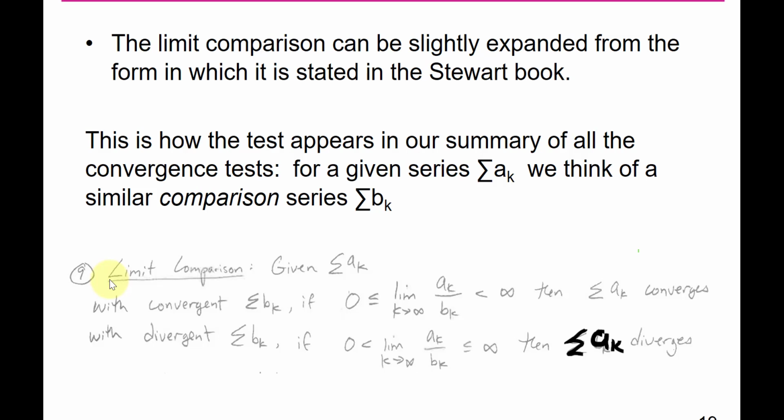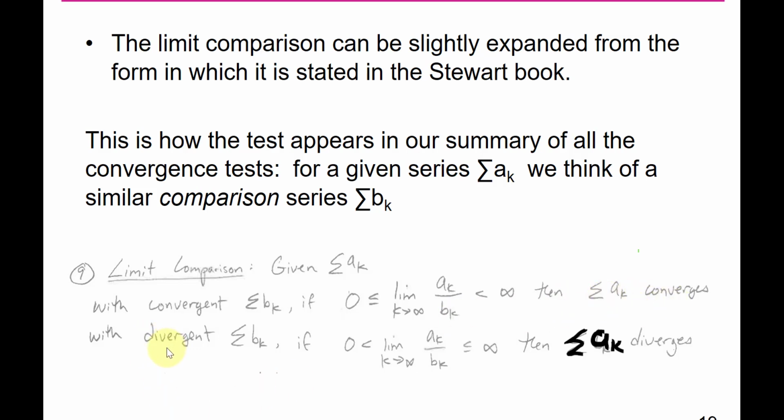In this limit comparison test, if I choose a comparison series b sub k, and I can confirm that the limit of the ratio a sub k to b sub k is any number including 0, you see I have that little line there, that's significant here. If you get any number including 0 and you had started with a convergent b sub k, then the infinite series a sub k will also converge.